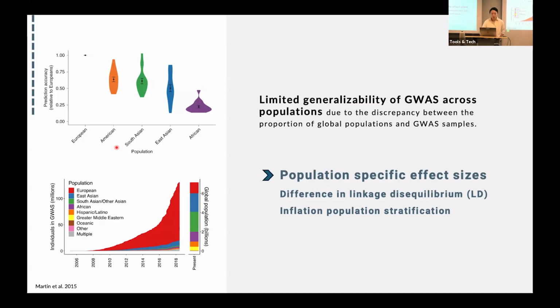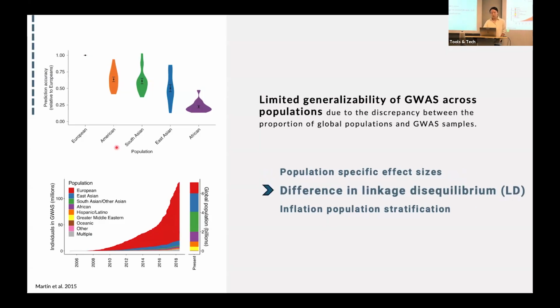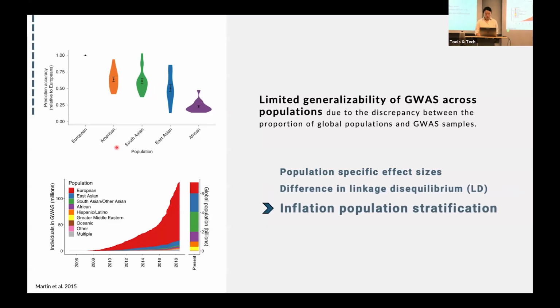In terms of the genetic background, the linkage disequilibrium, or LD, which basically describes how variants are correlated, can differ across populations as well, and ultimately this can affect how well the tag SNPs are capturing the true causal variants. The third point is that if we fail to account for population stratification properly, then this can inflate the associations and reduce the transferability overall.